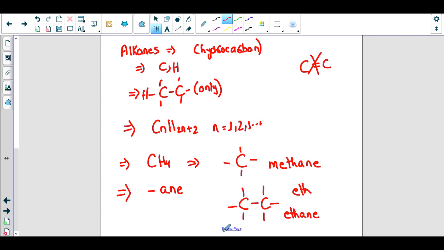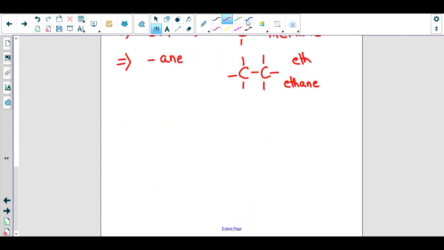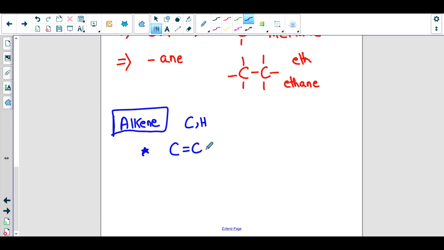We call them alkanes. Moving forward, the second series, which is very famous, is also a homologous series characterized by hydrocarbons only. We call it alkene. Consider it like a WhatsApp group. Which members can be added in this family? Only those members which are first based on carbon and hydrogen, because we mentioned it's a hydrocarbon series we are discussing, and the rule says only those compounds can come which have a carbon-carbon double bond in them.